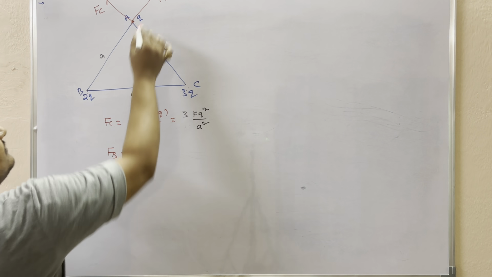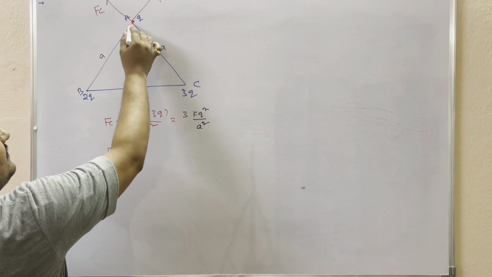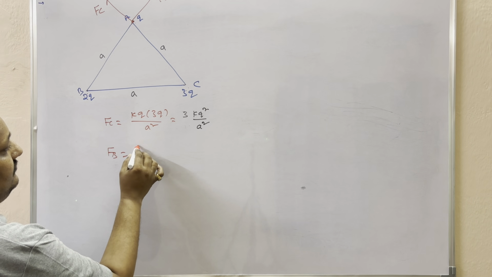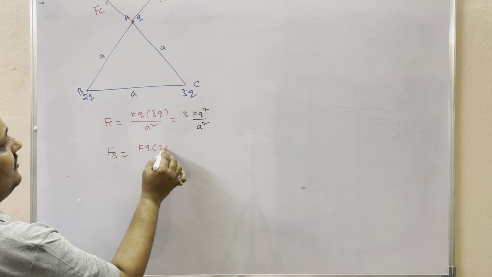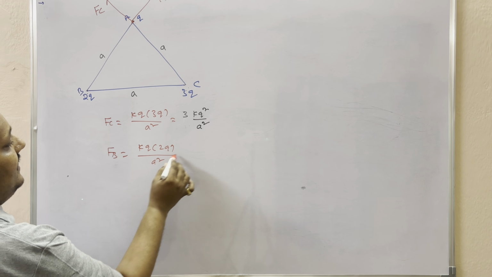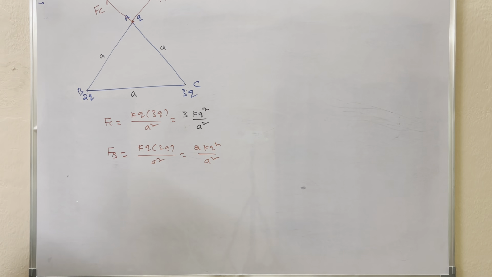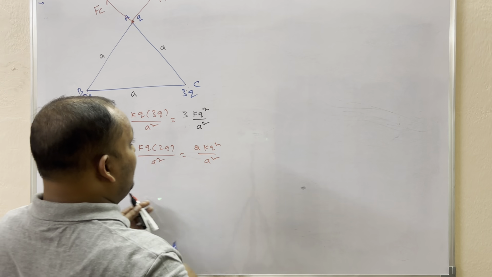Force between B and A. K into Q into 2Q by what you are going to get? a square. So 2 KQ square by a square. Isn't it? Just I am drawing this triangle once here.